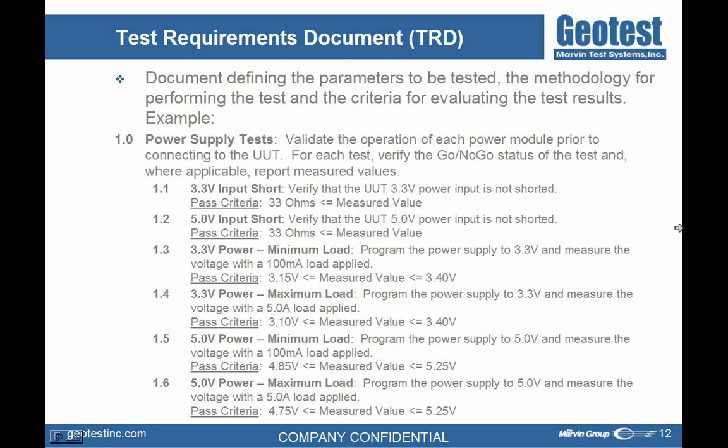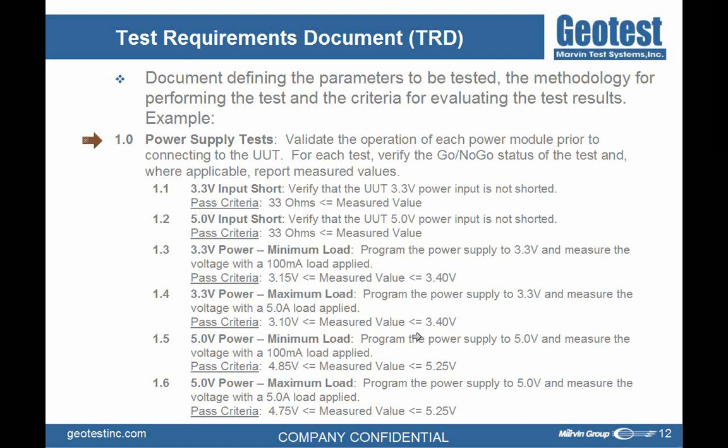So for example, paragraph 1.0 here tells us about a power supply test. The purpose of the test is to validate the operation of each power module prior to connecting it to the UUT. And then for each test, verify the go or the no-go status of the test, and where applicable, report the measured values. So this is one task that we have to do in testing our UUT.